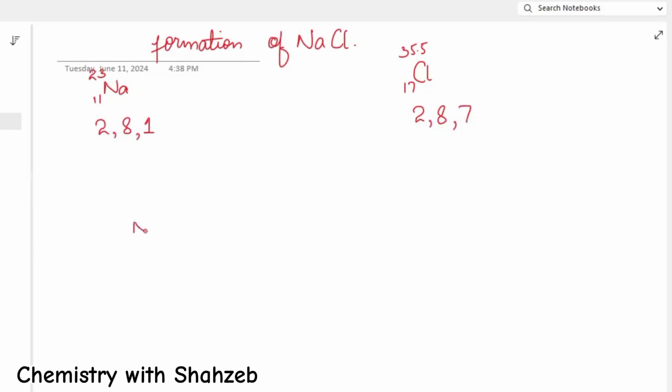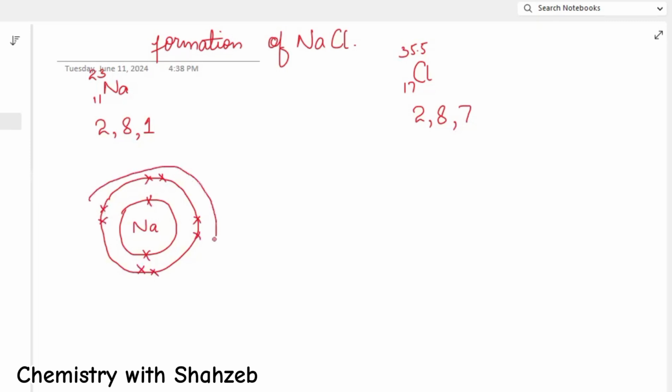So now what happens in sodium? First shell is of 2 electrons, second is of 8 electrons, and third has only 1 electron.